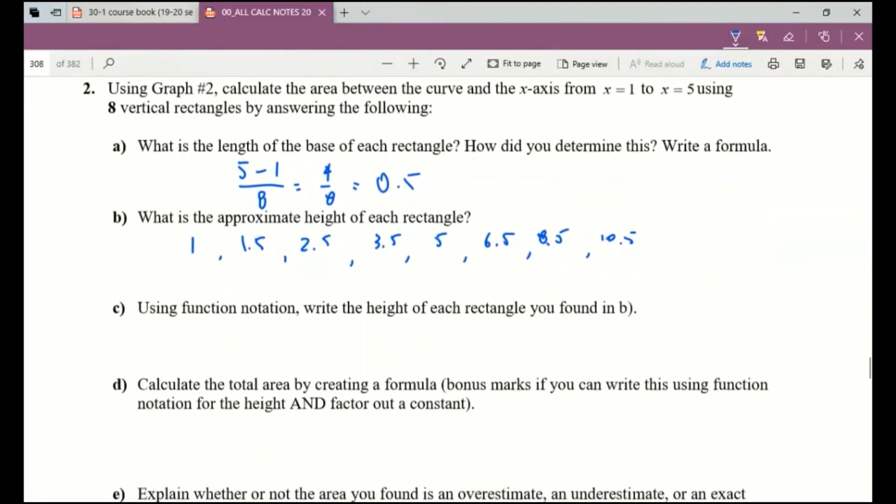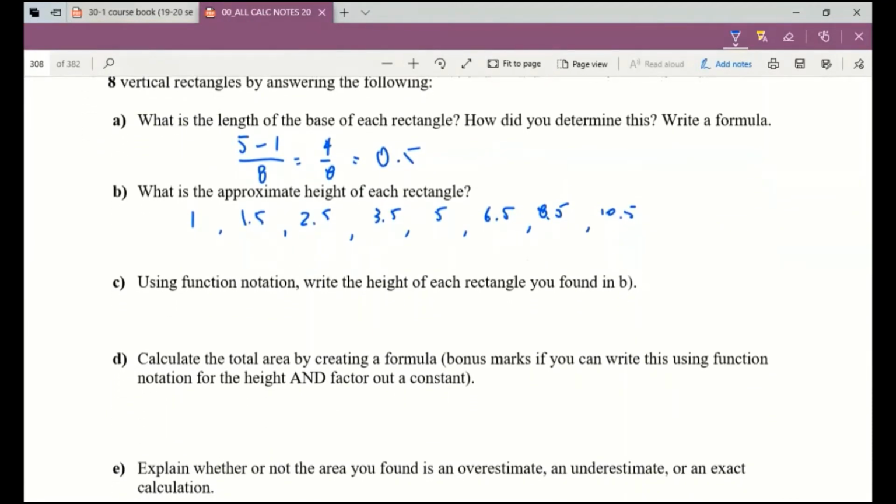To describe each of those with function notation, the first happens when x is 1, so f at 1 is equal to 1. The next line happens at 1.5, and it goes to a height of 1.5. The third one happens at f at 2, then f at 2.5, which is 3.5, then f at 3, which is 5, and f at 3.5.